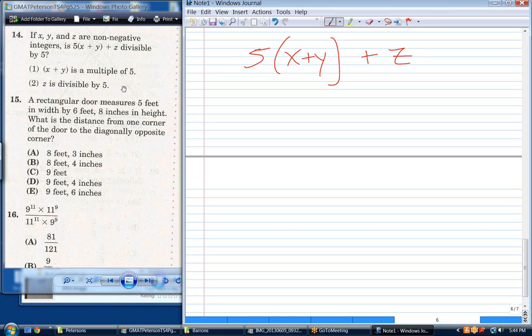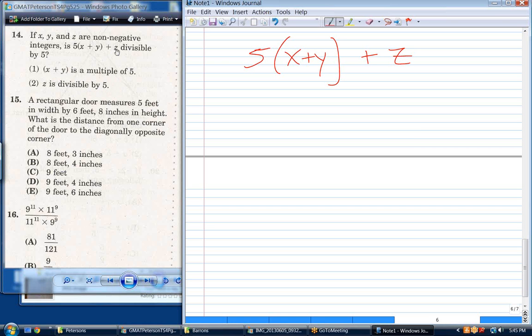To me, especially if time is a factor, by handling the easier one first, sometimes if you can't finish the problem and you have to go back to it, you're in a better position than if you had tried the harder one first. To me, statement 2 seems easier, simpler, shorter. So does it help, knowing that Z is divisible by 5?